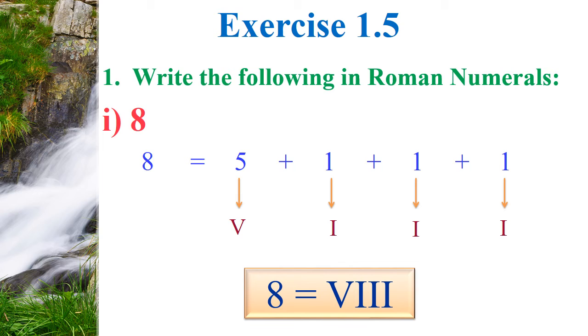VIII. Next one, 72. So first one, write the expanded form. So 72 equal to 70 plus 2. Next one, split the numbers based on basic Roman symbols.